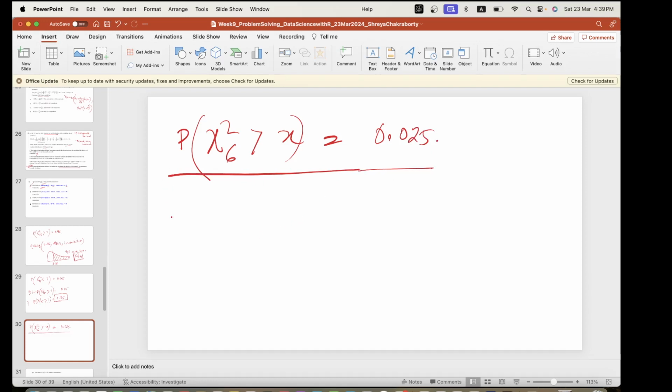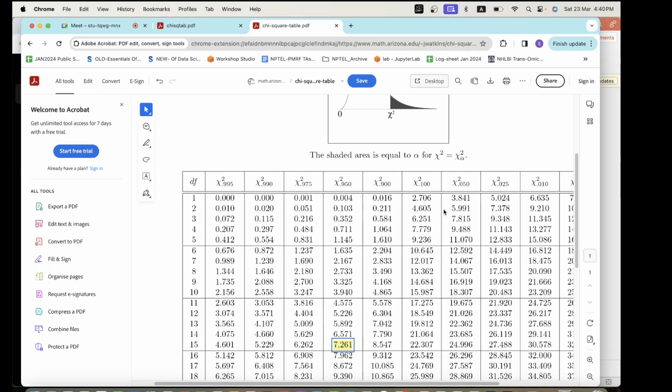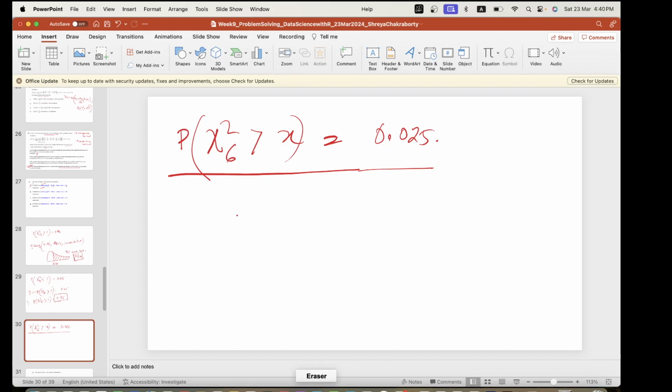Then this means I have to find out 0.025 and then df 6 from that table. So if I have, you see here, chi-square 0.025, this is this point, and the df is 6. So my answer would be 14.449. So x would be 14.449.